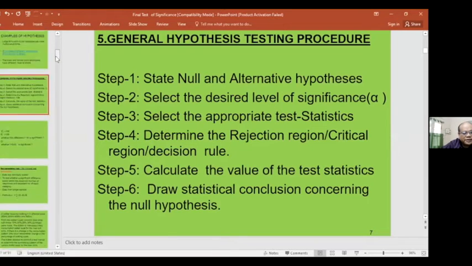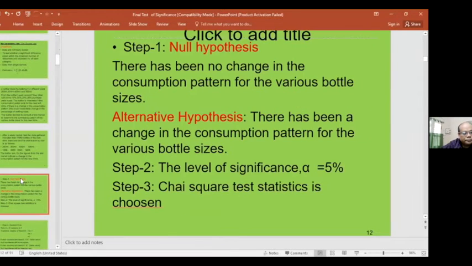So first step, null hypothesis. There has been no change. Null hypothesis always says no change. There has been no change in the consumption pattern. Or suppose mean income is 100. Null hypothesis says that the mean is not different from 100.